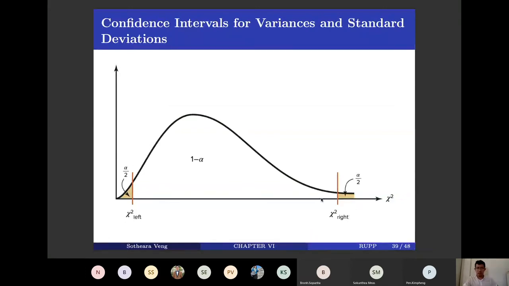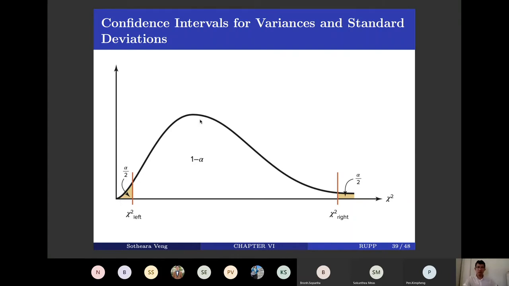That is what it means, right? Because, like the t distribution, the chi-square distribution is characterized by the degree of freedom, right? And unlike the t distribution, chi-square is not symmetric, right?